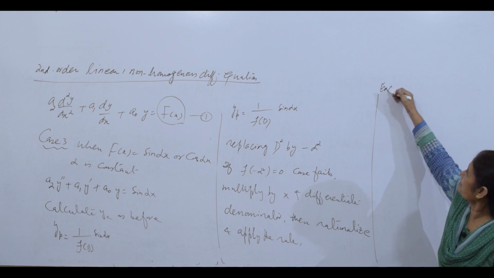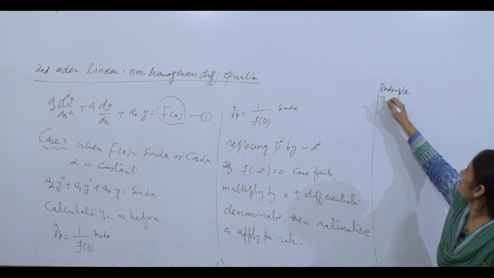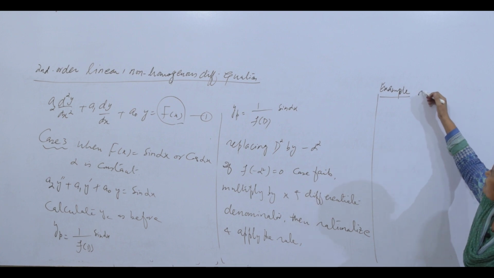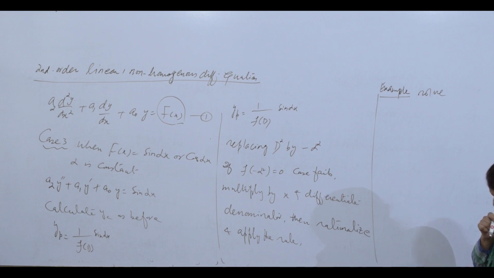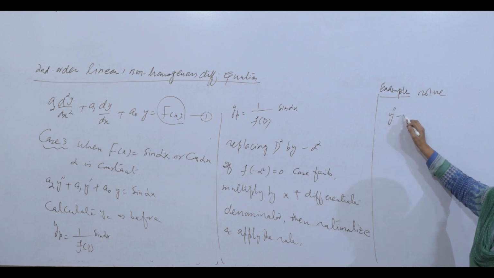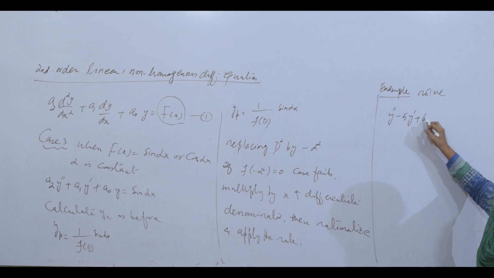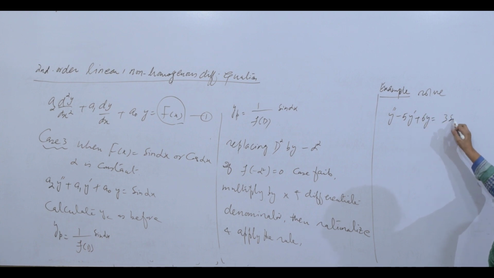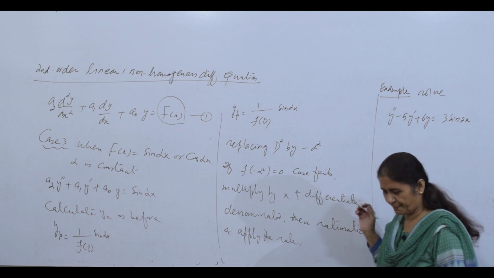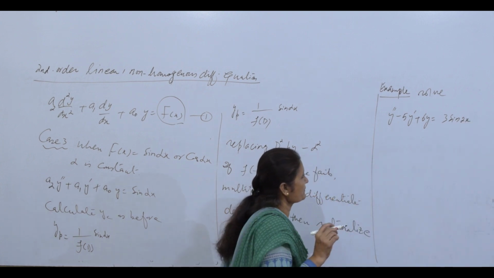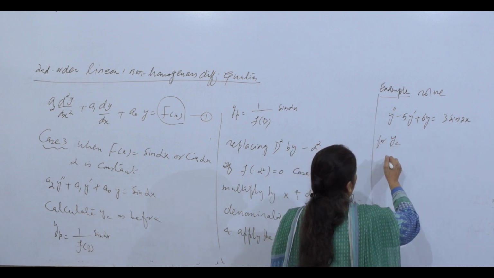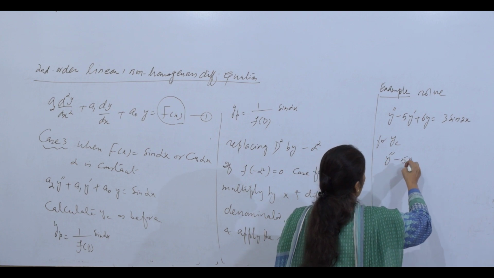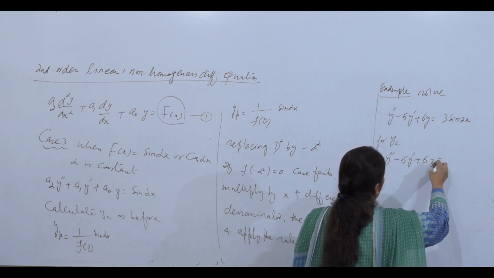Example. Solve y double dash minus 5y dash plus 6y is 3 sine 2x. It could be cos or sine. For yc, y double dash minus 5y dash plus 6y equal to 0.